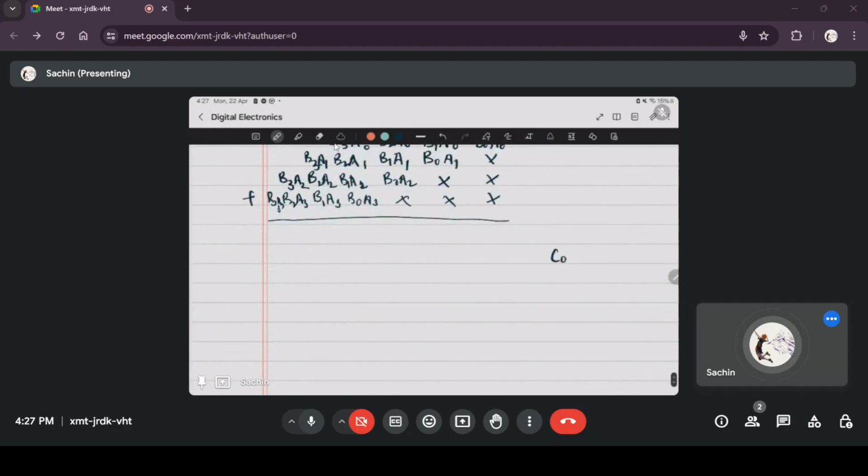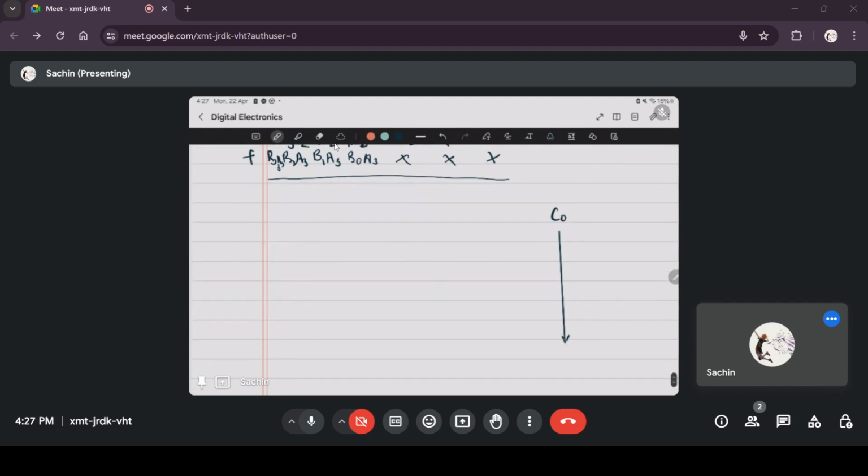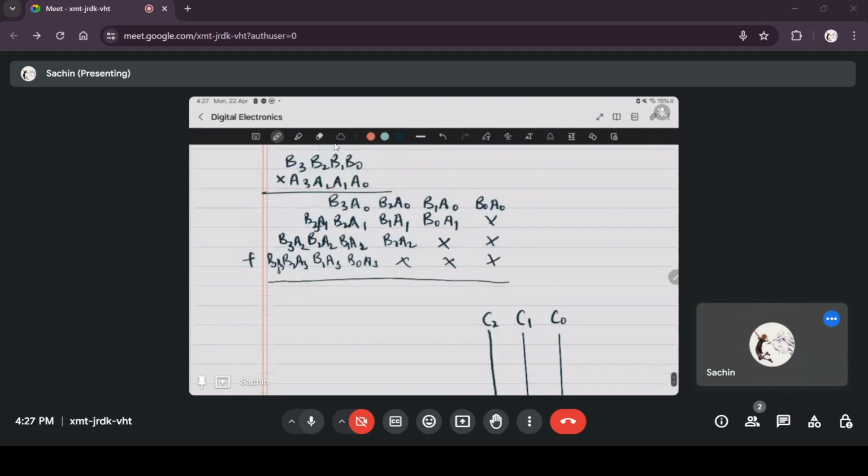This C0 you keep it as it is. C1 you keep it as it is. C2 also you keep it the same.